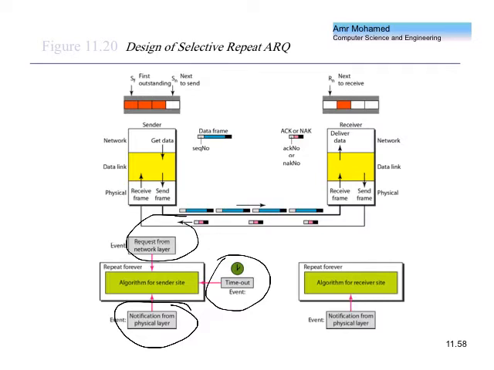But when the timer for 1 expires, then I send only 1, or I send only 3, and so on. That's why I need multiple timers, unlike go back N, where if the timer expires, I know what to do. I will have to go back from the beginning of the window all the time, regardless. Right? And here, I have to be selective. So selective has introduced some complexity, in that I have to maintain multiple timers. Okay?